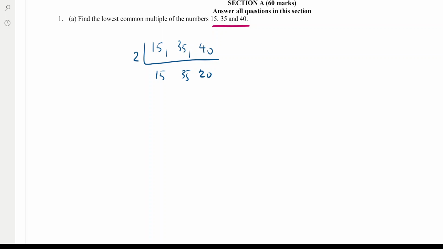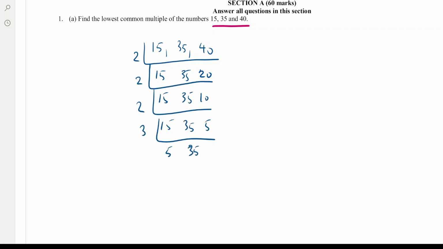By 2 again gives 15, 35, 10. By 2 gives 15, 35, 5. By 3 gives 5, 35, 5. By 5 gives 1, 7, 1. And by 7 we get 1, 1, 1.